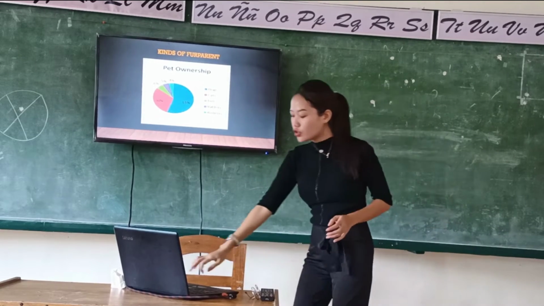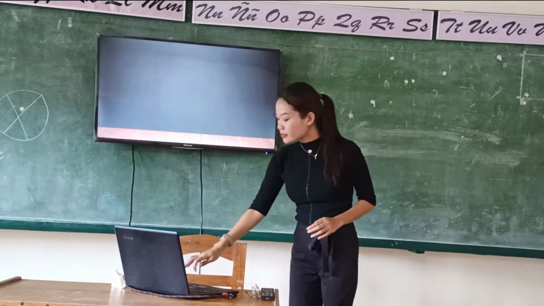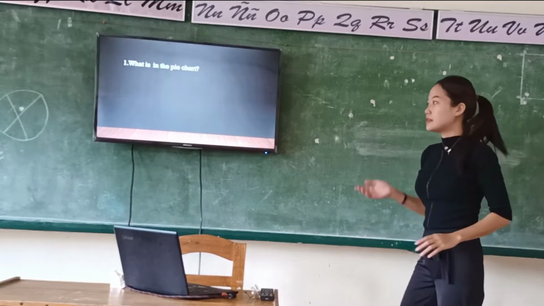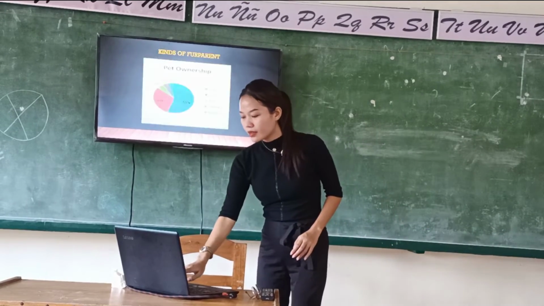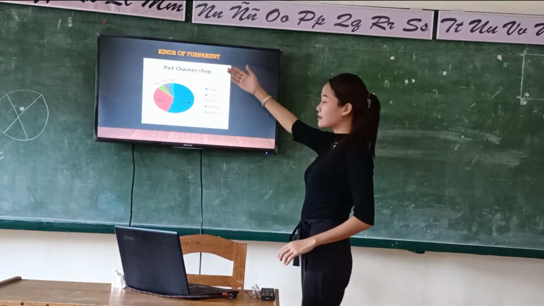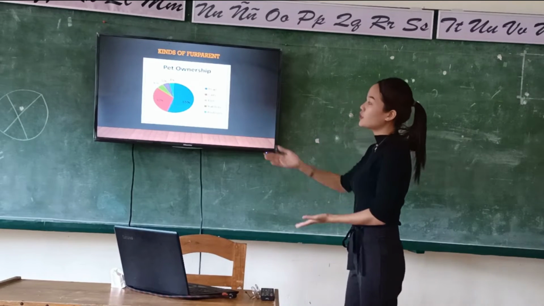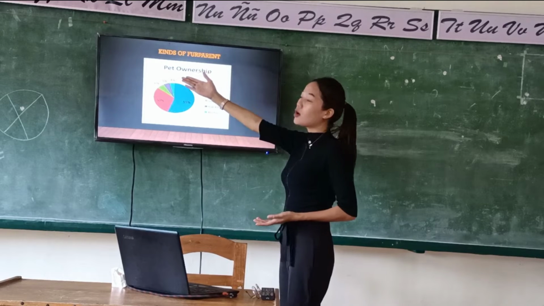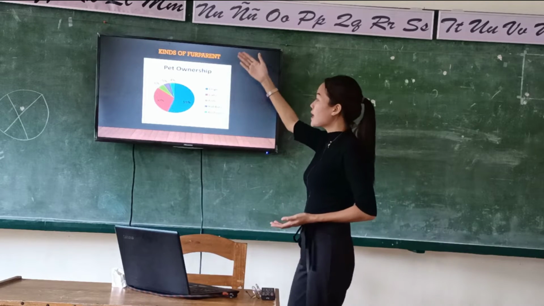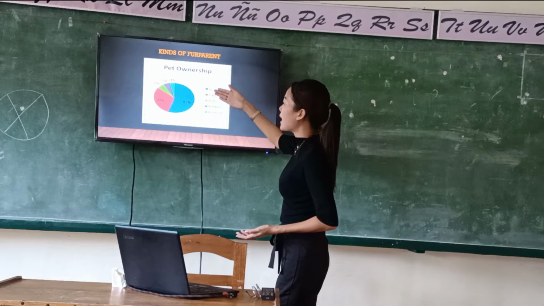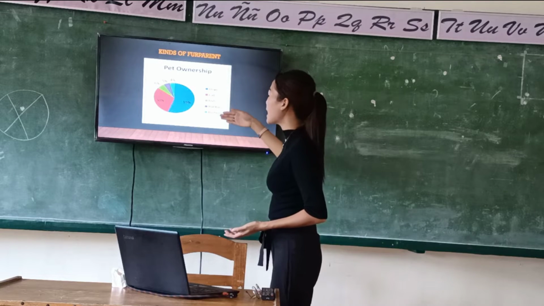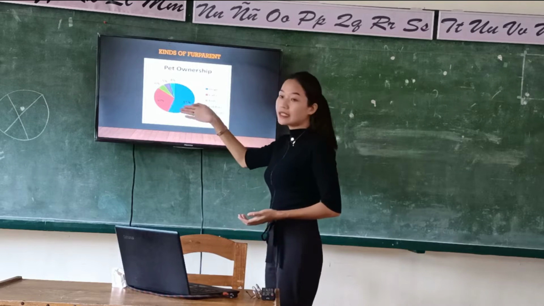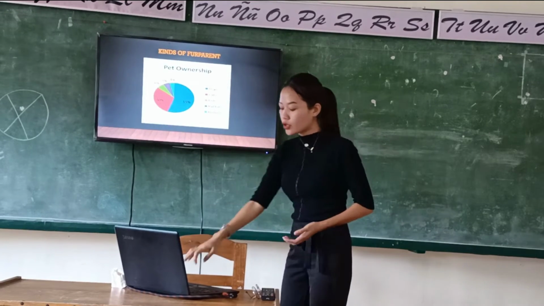I have a question here. What is in the pie chart? Simply, right? The pie chart itself shows the kinds of pets, and this is called pet ownership, and these are the proportions: the cats, dogs, fish, rabbits, and rodents, and this is the pie itself, divided according to its proportion.